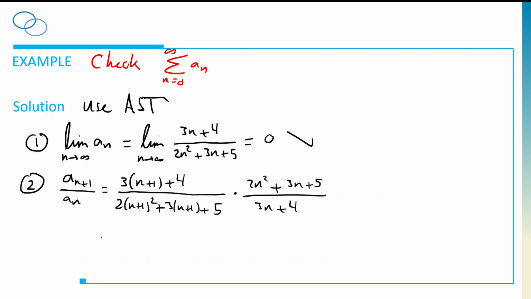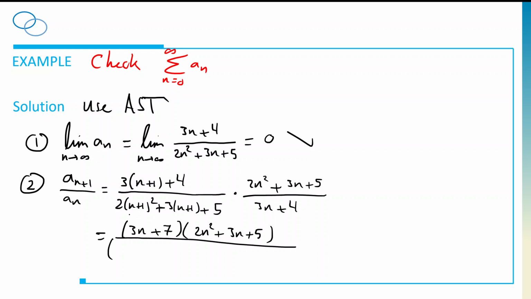Okay, try to expand. You'll get in the numerator (3n plus 7) times (2n squared plus 3n plus 5).